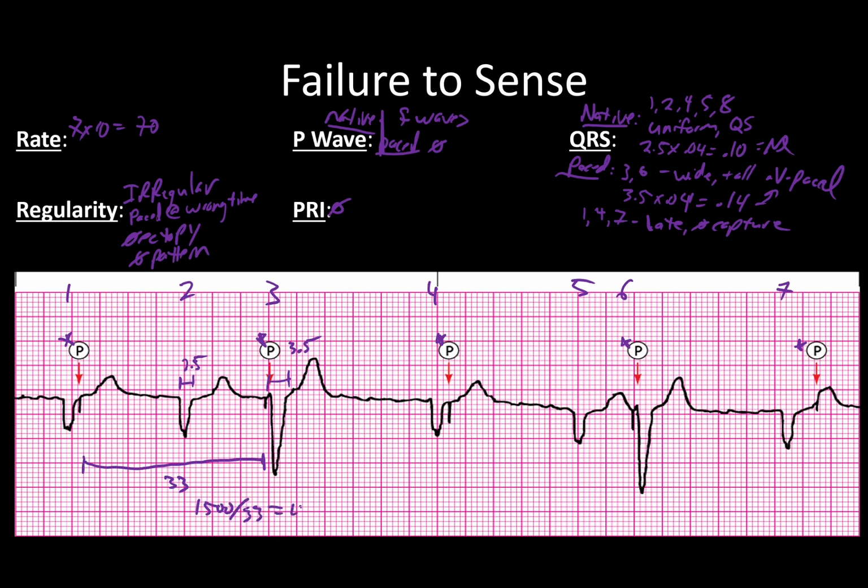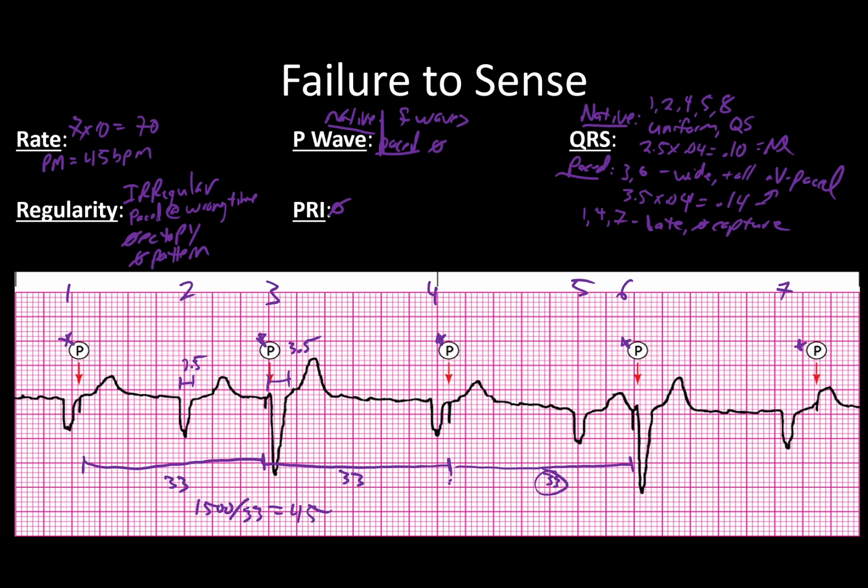And that comes out to about 45. To help confirm it, I measure the next spike that I can see, and that is also right at around 33. And if I measure it out again to the next spike, I realize that one's off a little bit, it comes out to about 33 again. So we have a pacemaker set to 45 beats per minute.